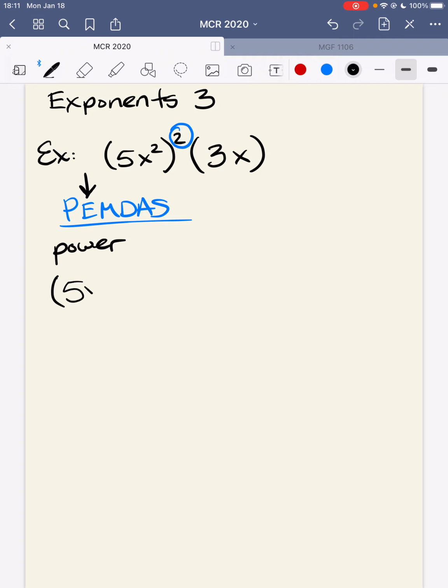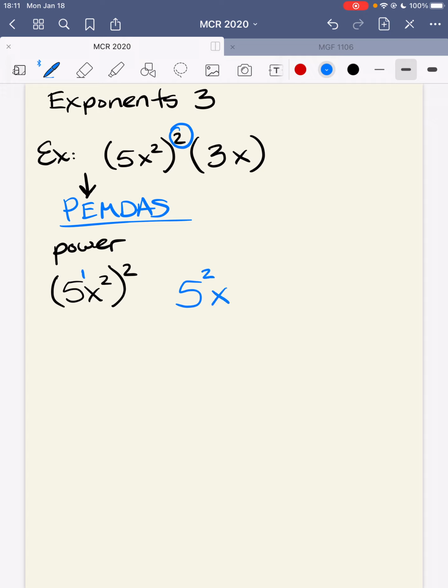So we have 5x squared, squared. Remember, we have an invisible 1 on our 5, so we have 5 to the 1 times 2, which is 5 squared.